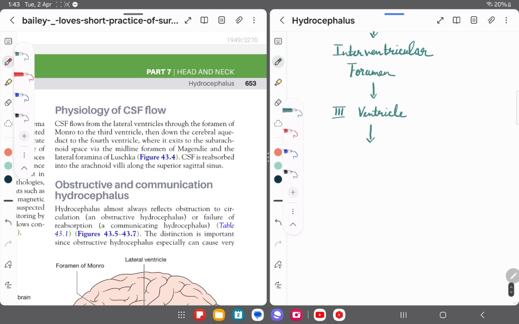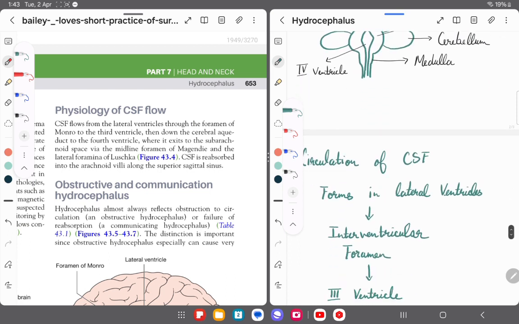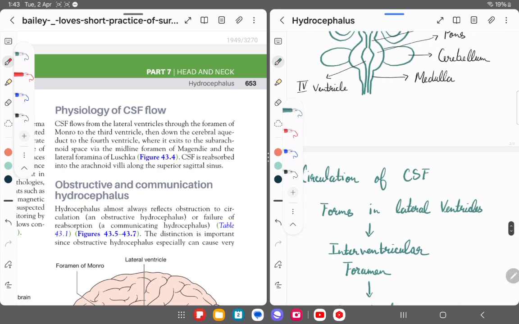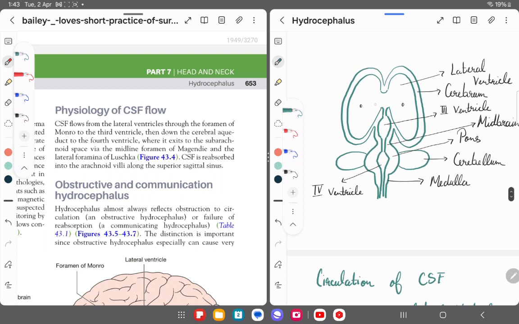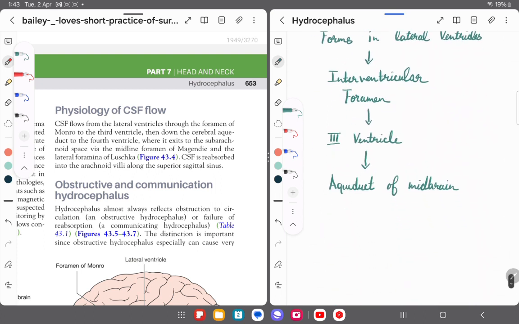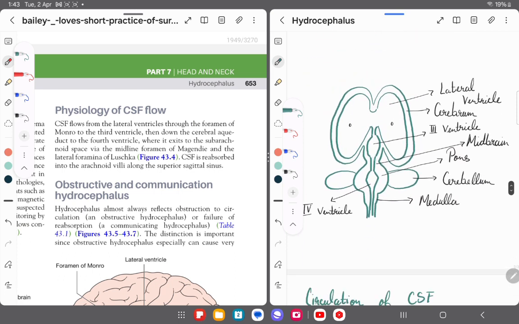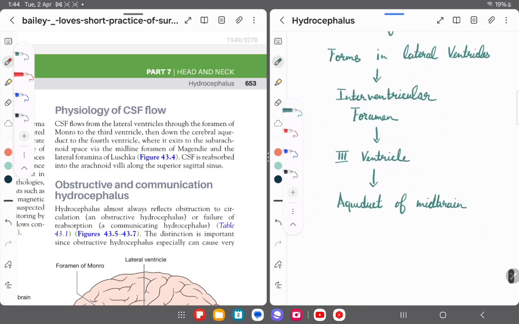It passes through the aqueduct of midbrain. So it forms in the lateral ventricles, then through the interventricular foramen it goes into the third ventricle, and from there it passes through the aqueduct of midbrain to the fourth ventricle.